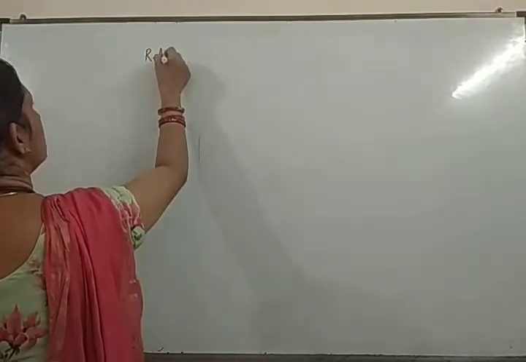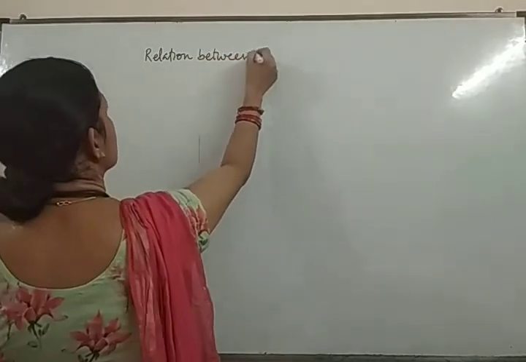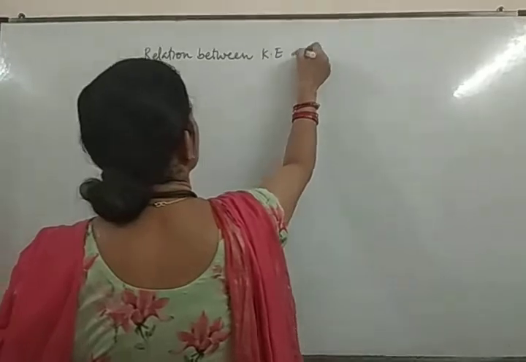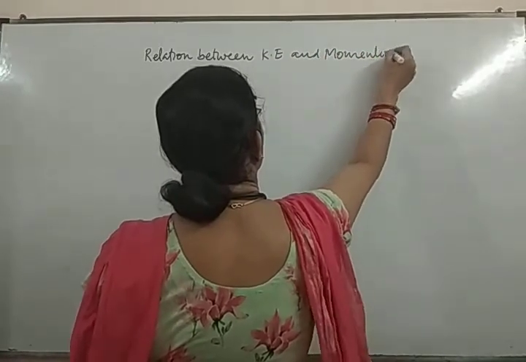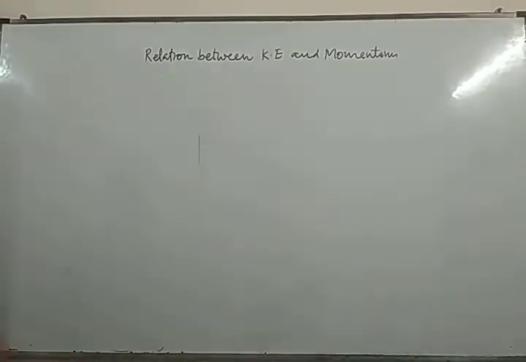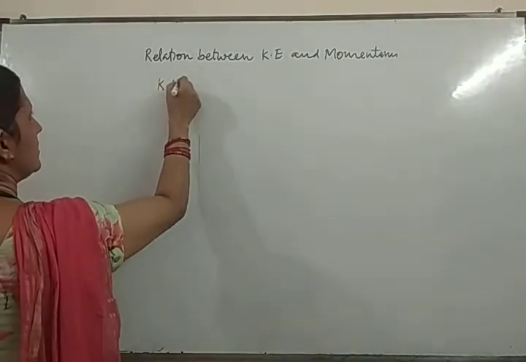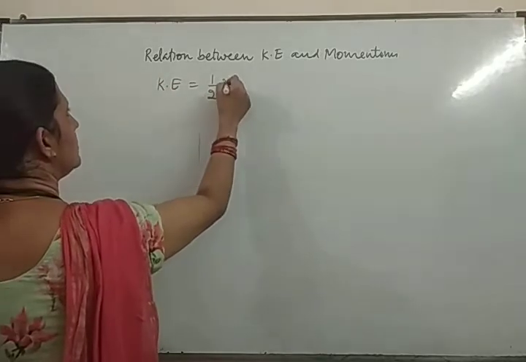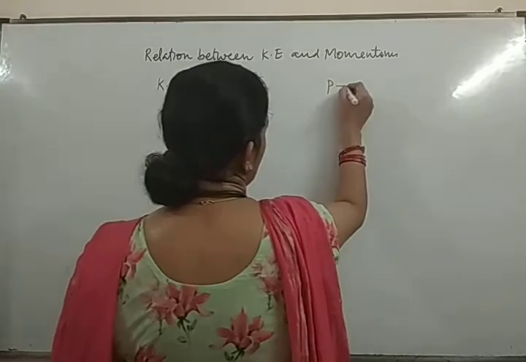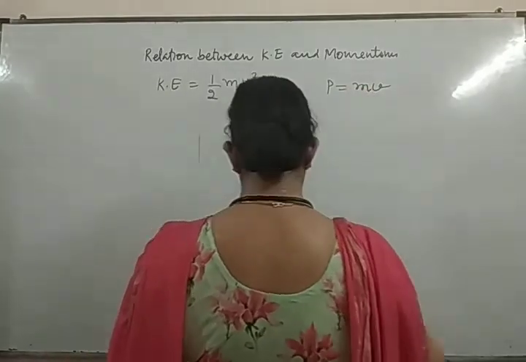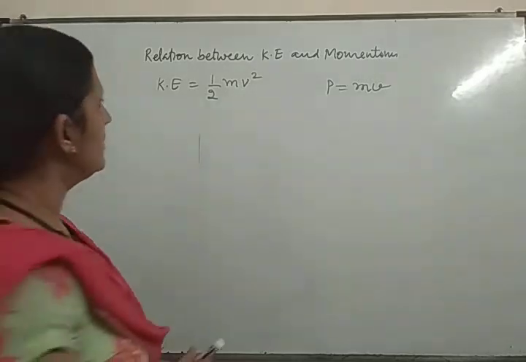Relation between kinetic energy and momentum. You have the relation kinetic energy is equal to half into m into v square, and you know p is equal to mass into velocity. P is the linear momentum here.